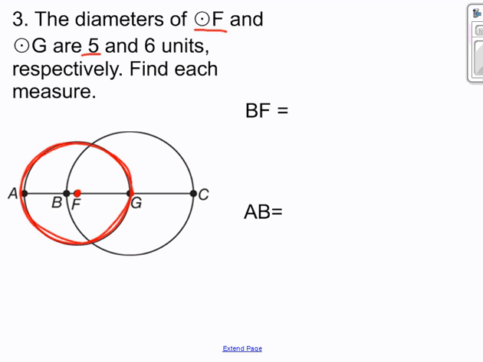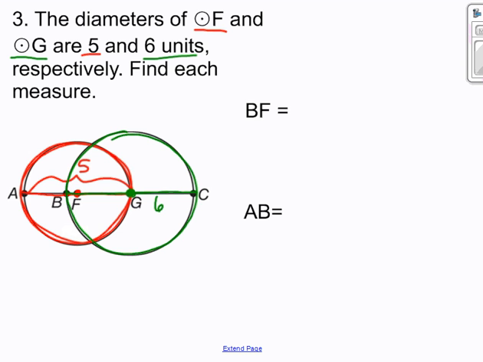So I'm going to label this whole thing, that's 5. Then we have circle G is 6. So here's G. That with the green is 6.